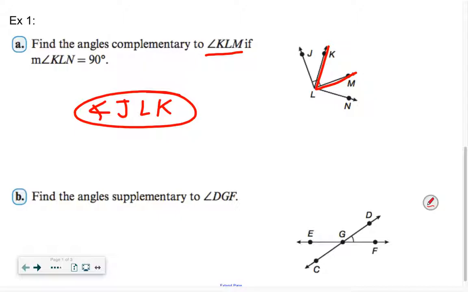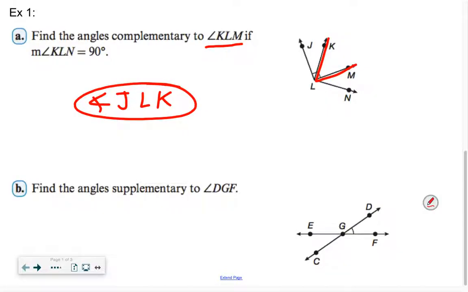If we go to B, again, not finding the measure, but instead just identify the angle that is supplementary with DGF. We actually have two answers here, just like we did back in part A. First angle that we could look at, if we look at this DGF, would be this one here.